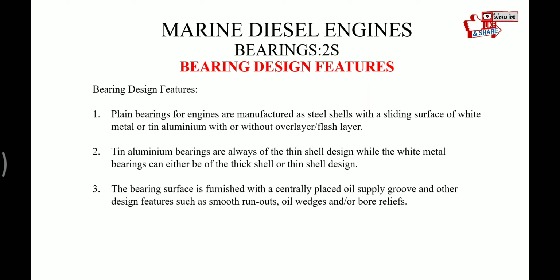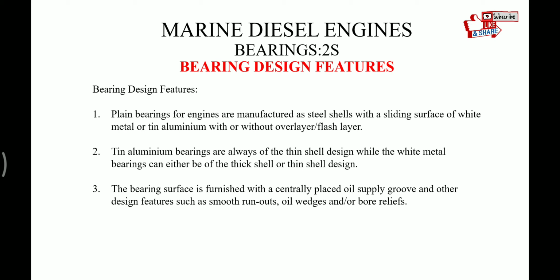Bearing design features. So basically, plain bearings for engines are manufactured as steel shells with a sliding surface of white metal or tin aluminium, with or without overlayer or flash layer, that we have already seen in my last videos. Tin aluminium bearings are always of thin shell design, while the white metal bearings can be of either thick shell or thin shell design.